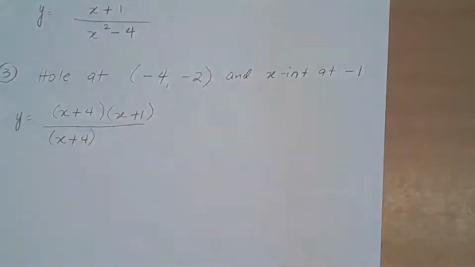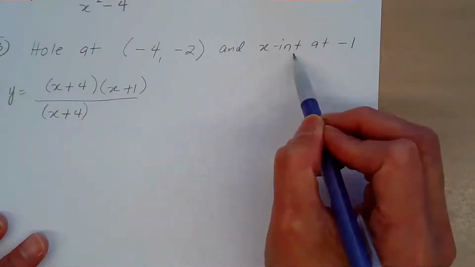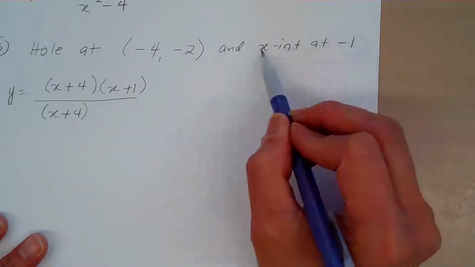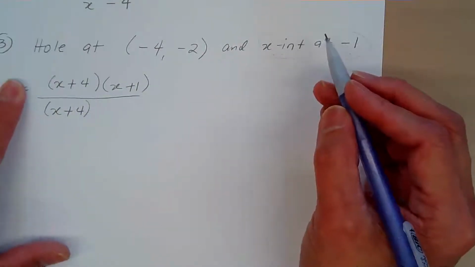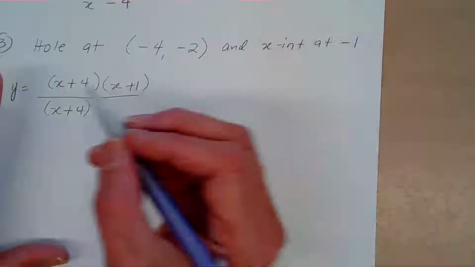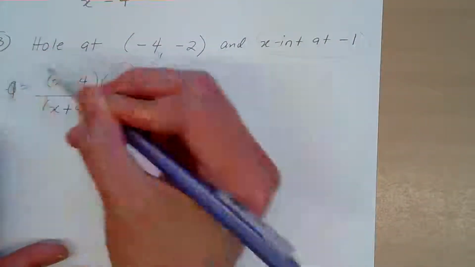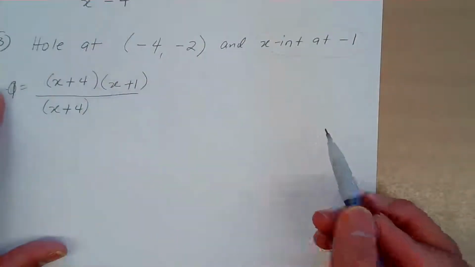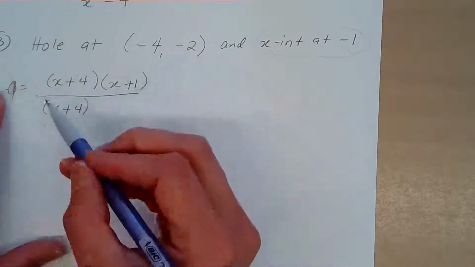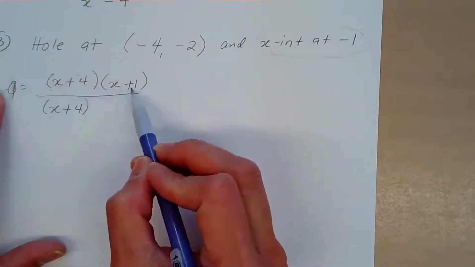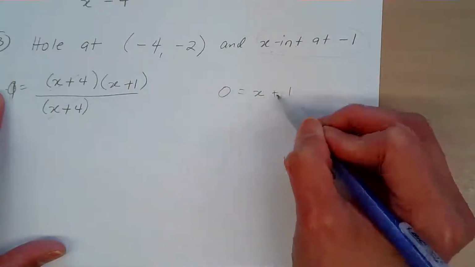Okay, so when we look at the x-intercept, what do we normally do? We set y equals 0. I'm going to put 0 here for now. And if I cross multiply, you're going to end up with 0 equals x plus 1.